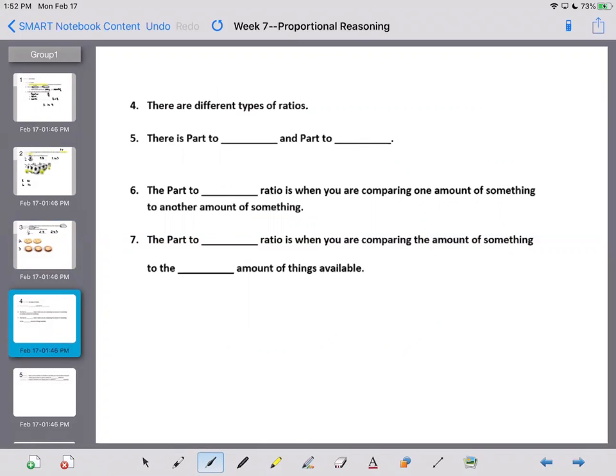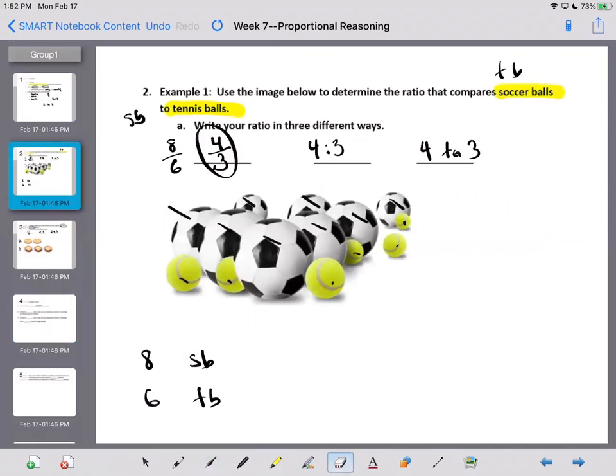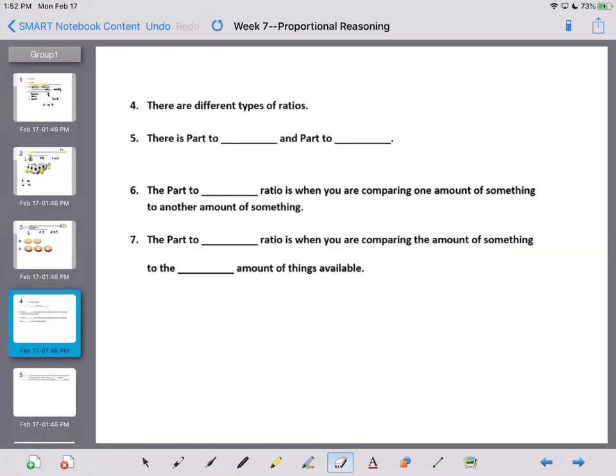Another, there's different types of ratios. Okay, the soccer ball to tennis ball problem was a part to part. We were comparing soccer balls to tennis balls. So there is a part to part, and there's a part to whole. And the part to part we call ratios because we're comparing one amount to another amount.